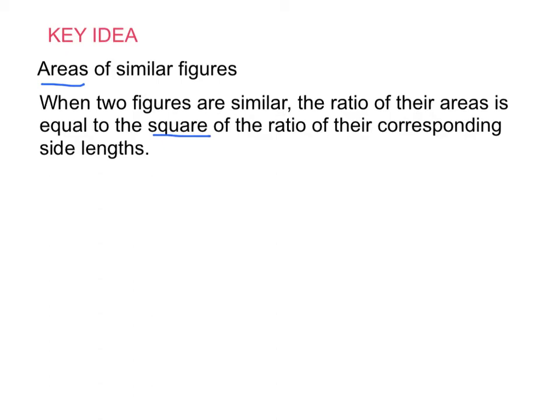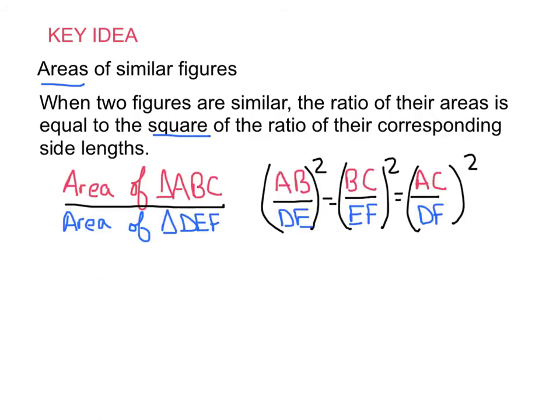We know that the area of the first triangle, the red triangle ABC, and the area of triangle DEF, the blue one, is going to be equal to the ratio of the side lengths squared. So we are going to take the ratio of one side to the next, and we're going to square it.